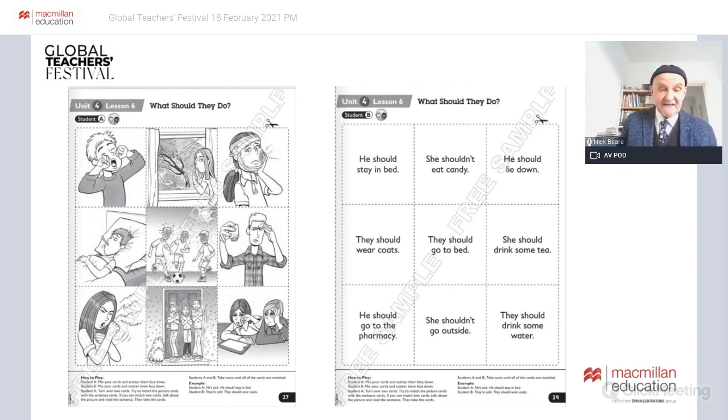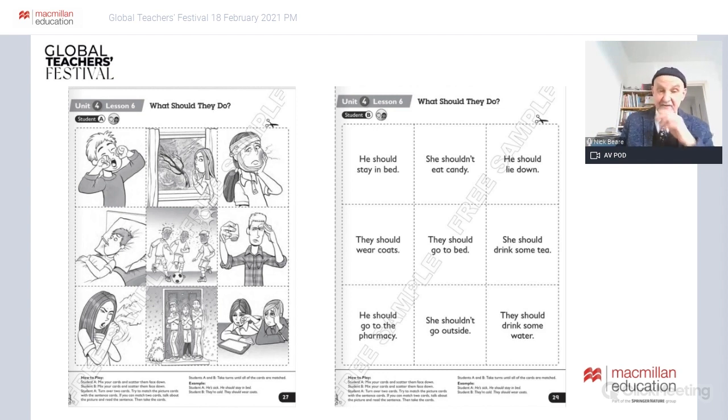Right, a different activity here. This is rather like Memoria, if any of you play that game. I seem to remember it's very popular in parts of Latin America, including Mexico. You've got pictures of children who've got different illnesses and recommendations, right? So he should stay in bed, she shouldn't eat candy, and so on.